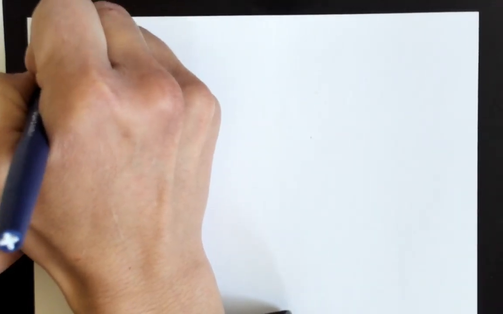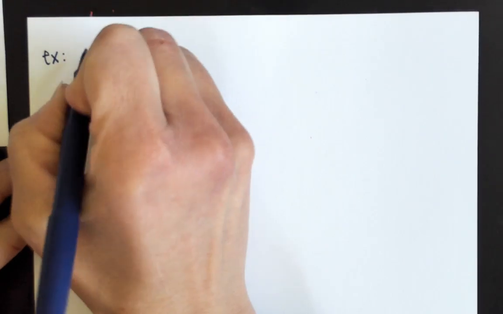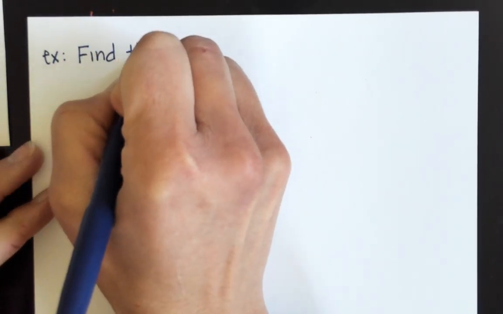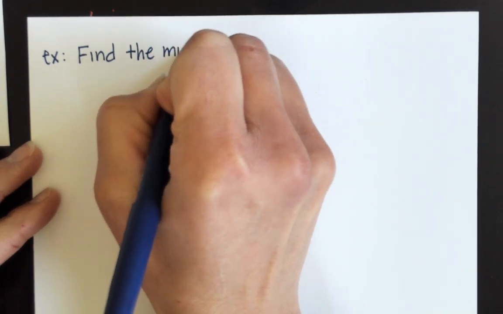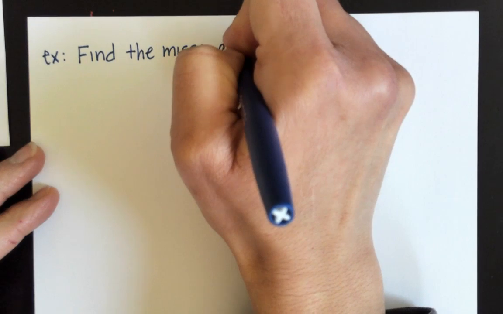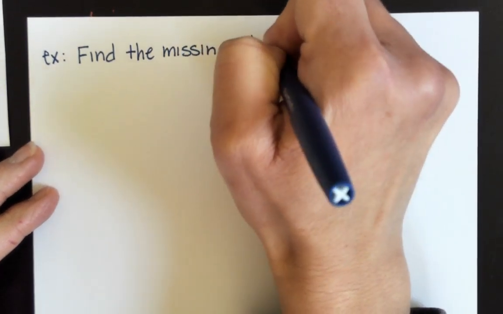And I do know that one of the things that's going to cause probably some questions is the minute we get a radical involved. So we're going to find the missing side lengths.